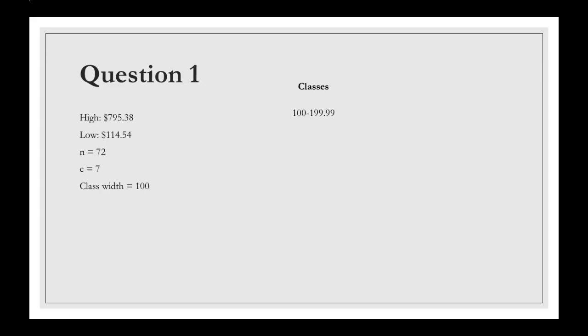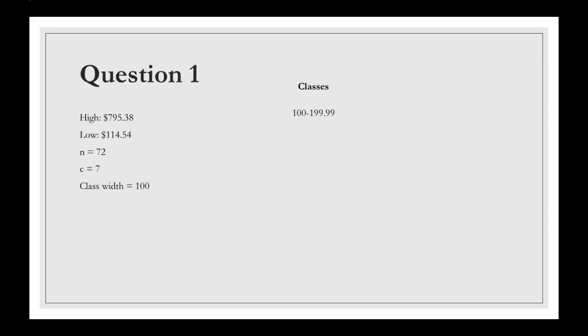Now, why do we have the decimals? Well, our classes have to match what our data tells us. So since our data has 2 decimal points, our classes have to have 2 decimal points. If our data was just 795 and 114 without the 38 and 54 cents, our classes could just be 0 decimal points.